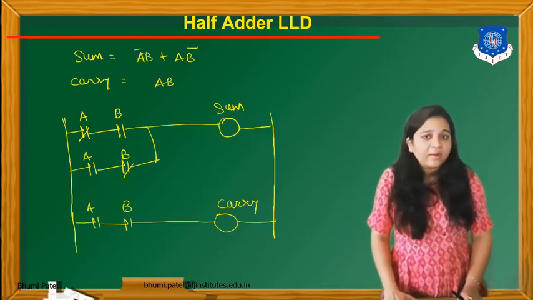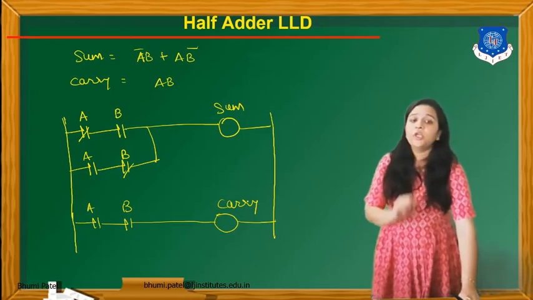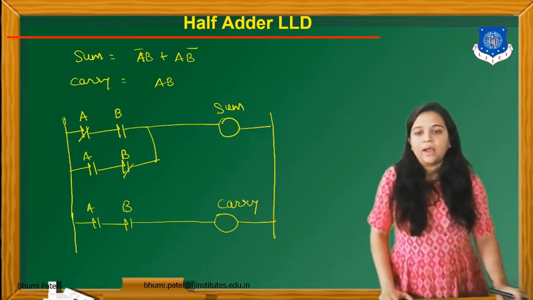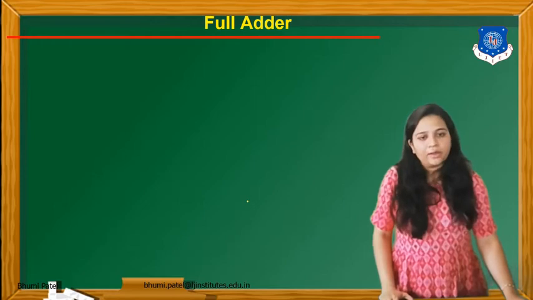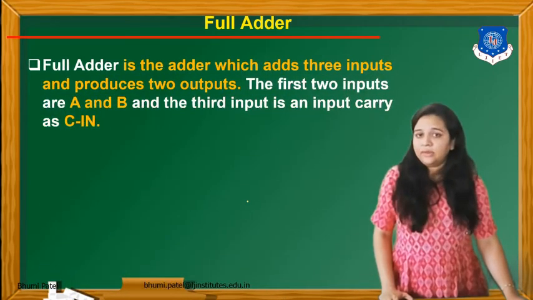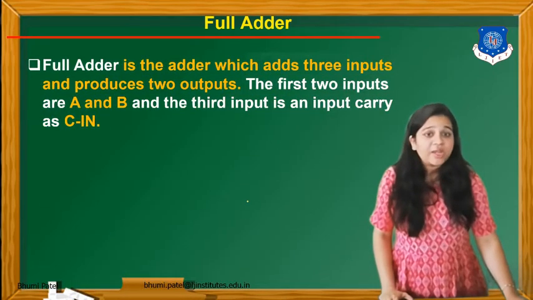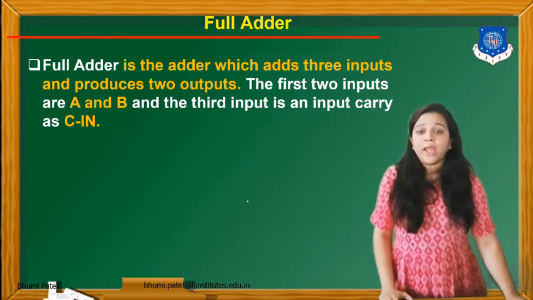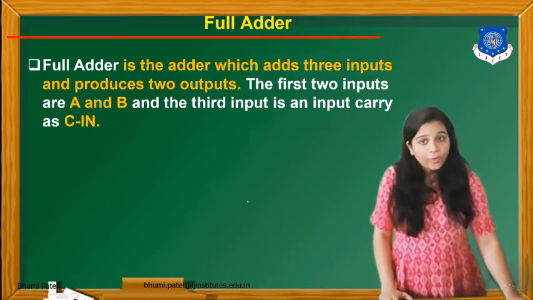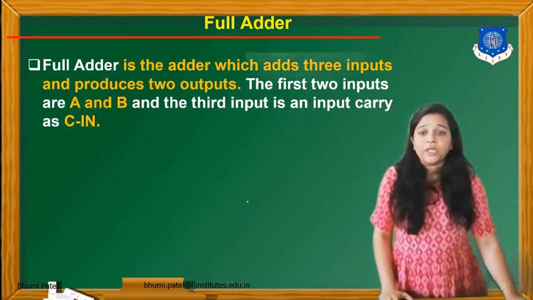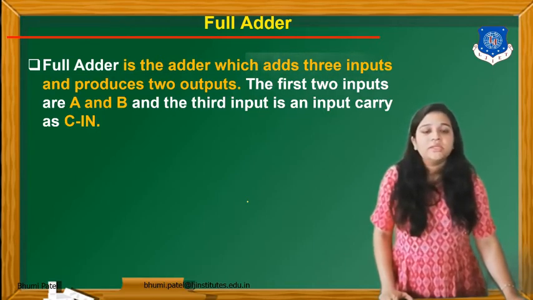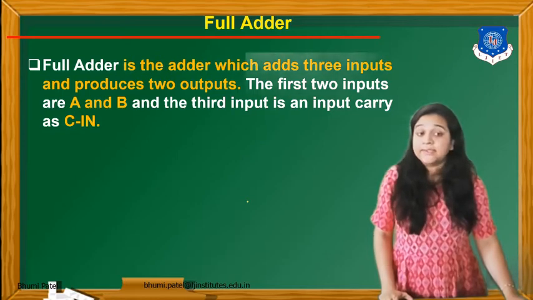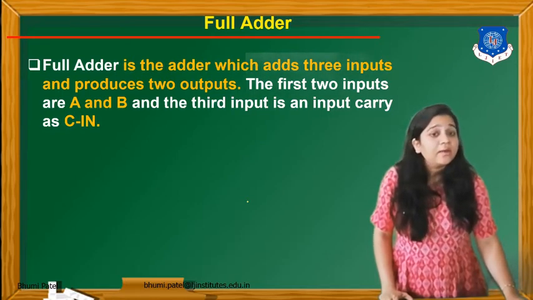So half adders are generally used for two inputs. Clear? Now the next one is the full adder. Okay, so a full adder is the adder which adds three inputs and produces two outputs. The first two inputs are A and B, and the third input is an input carry, C in. So we can take here three inputs.